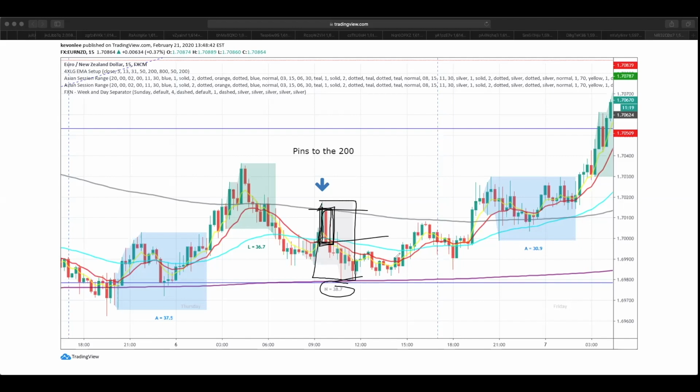So it's half of the range right there in one candle. Where does it go to? To the 800. So 1, 2, 3, 4 candles, and it's done around 20 pips to the 800.